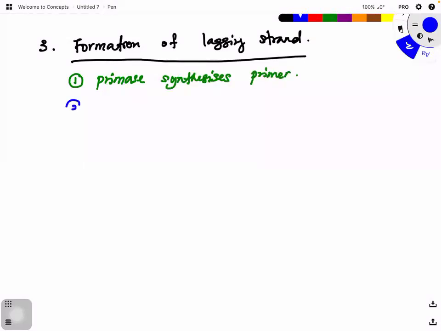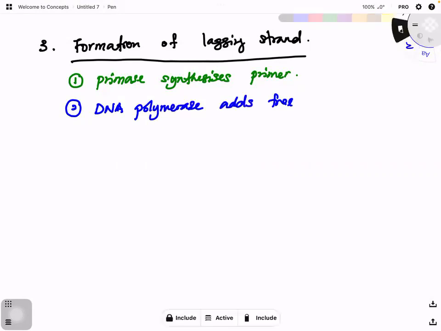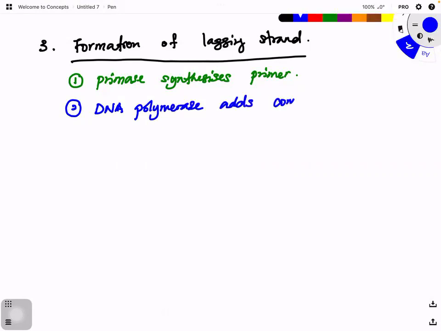Number 2, same thing. We say DNA polymerase adds free complementary free activated DNA nucleotides.